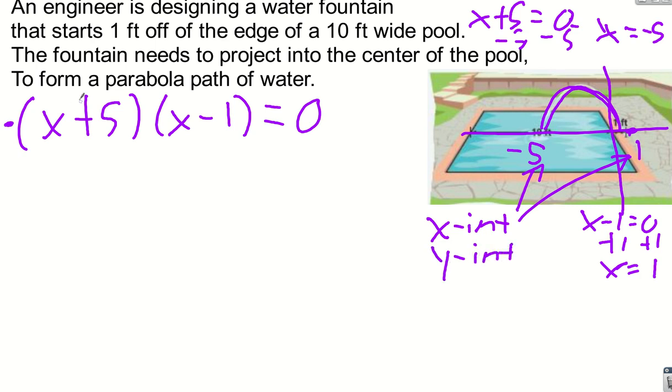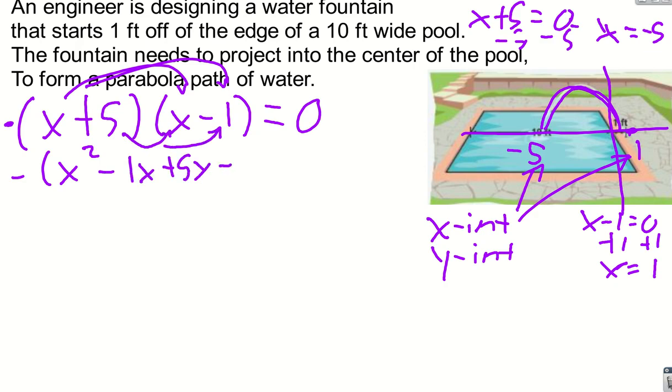So I'm going to double distribute. And I get -1x plus 5x minus 5. I'm going to combine my like terms.